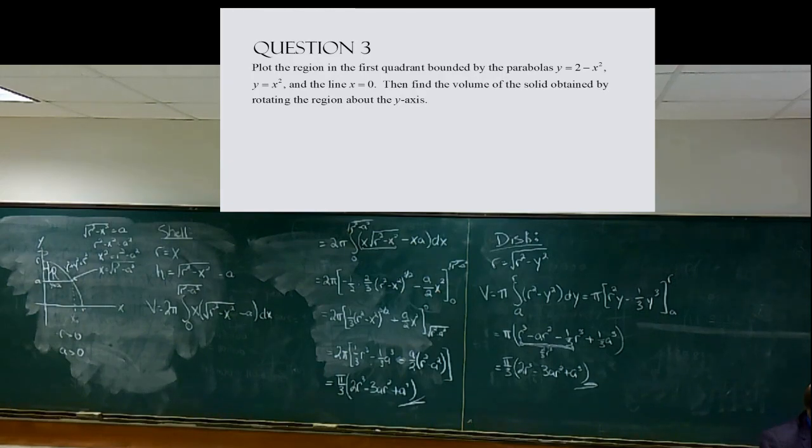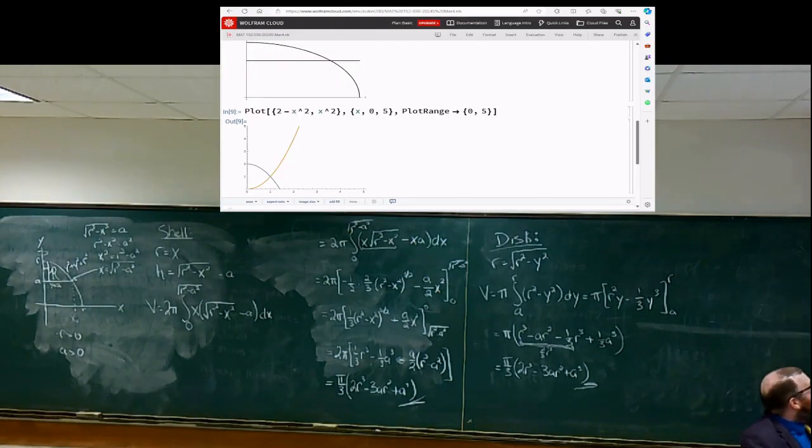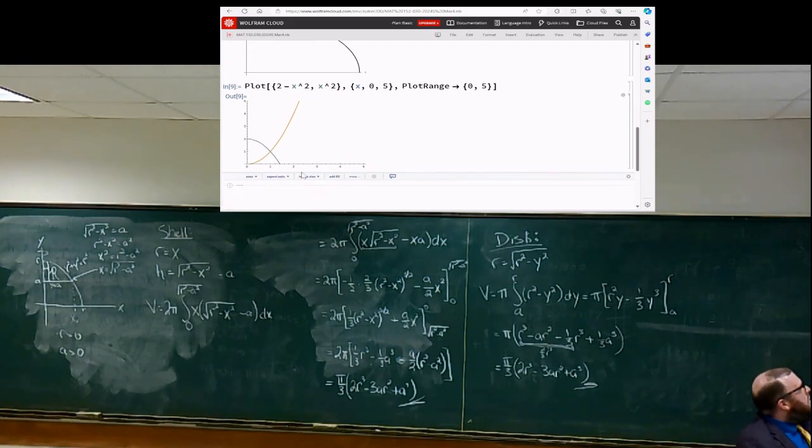Now we can clearly see that this is indeed the region I want, which means along the x-axis, I need this point of intersection. It appears to be 1. Let's verify that.